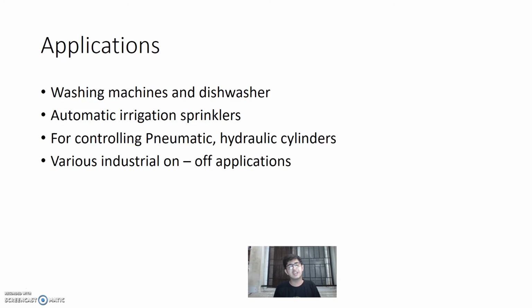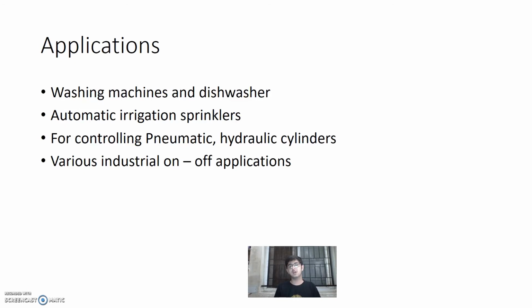Then we have two conditions in solenoid valve, mainly in two-way solenoid valve. First is normally open and second is normally closed. In the normally open condition, without giving any input to the solenoid valve, the fluid will flow. And in the normally closed condition, you have to give some input to make the fluid pass.